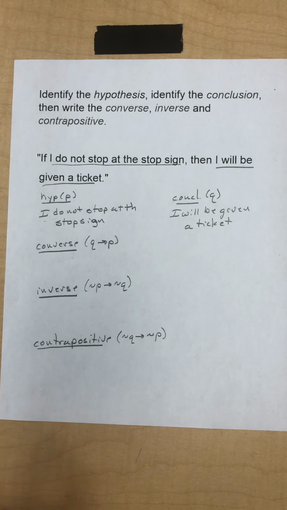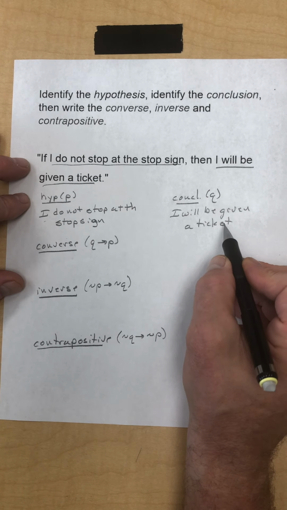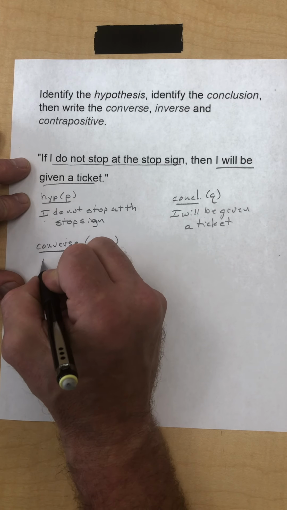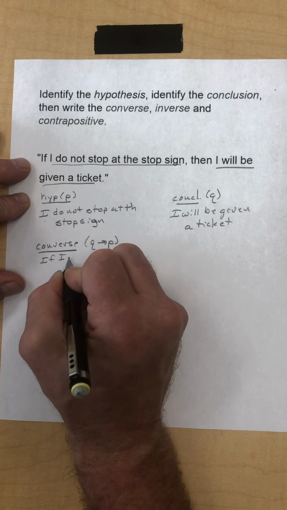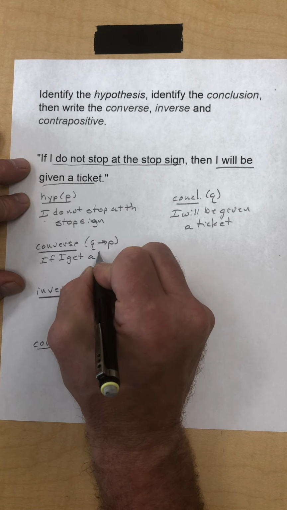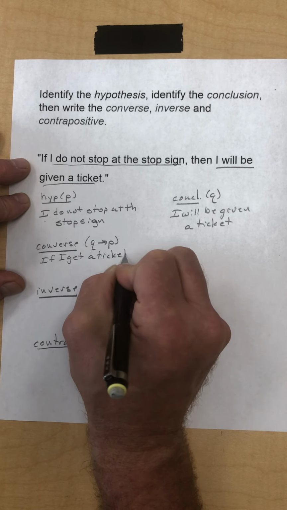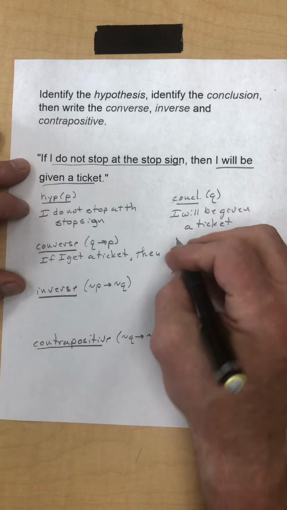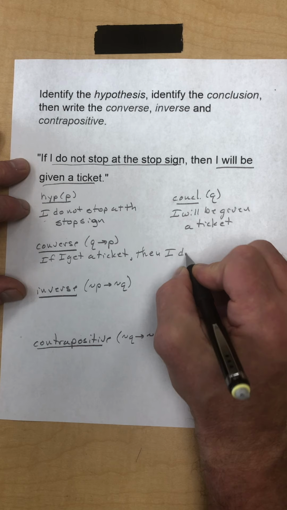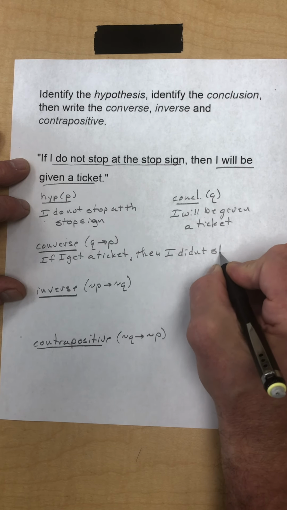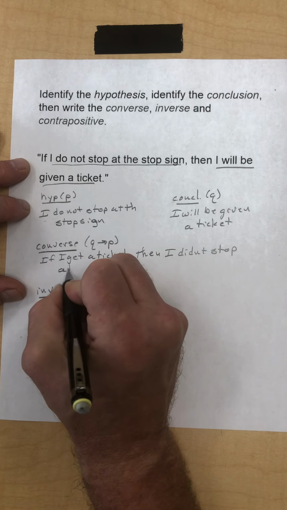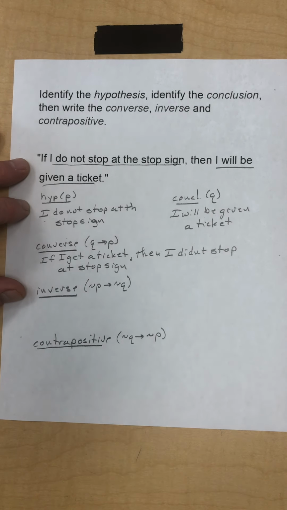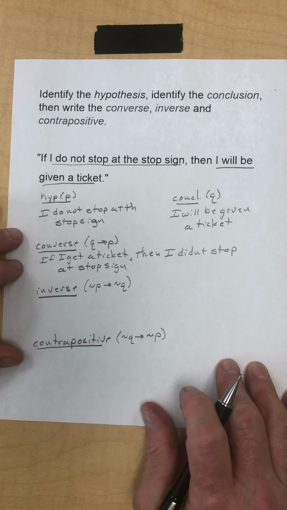So if Q, then P. If I get a ticket, then I didn't stop at the stop sign.